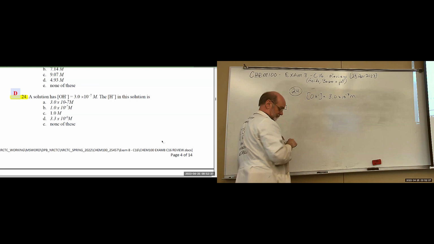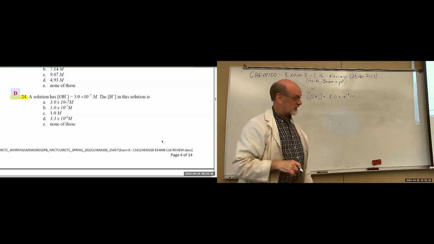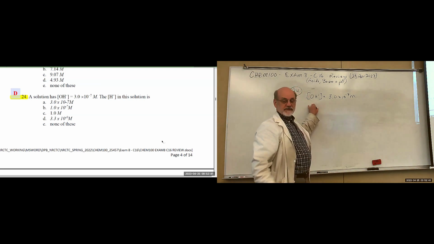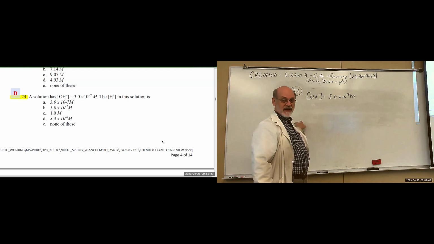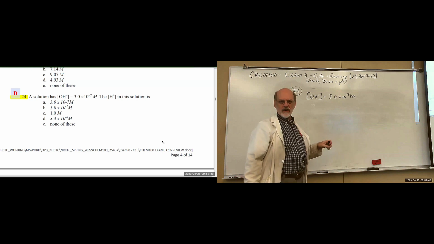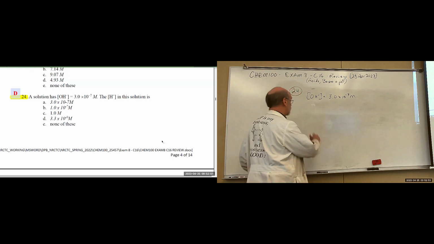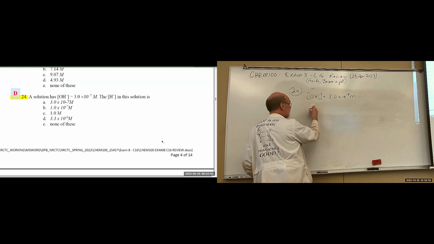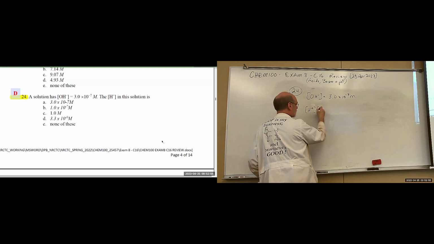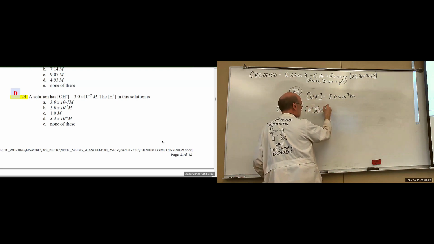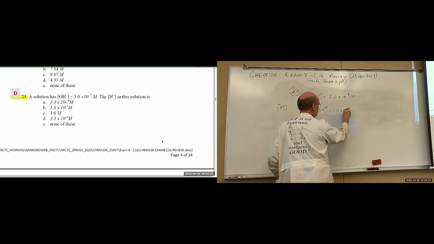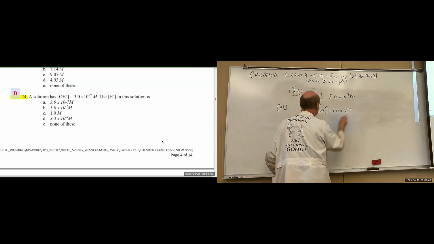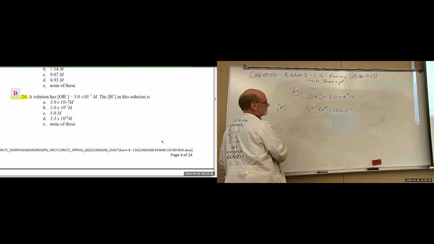The temptation would be to convert this to pOH, subtract it from 14, and then take the anti-log of that negative value back here. But that's the long way around. If we recognize that this expression is equal to 1 times 10 to the minus 14, we can get the answer directly from that.